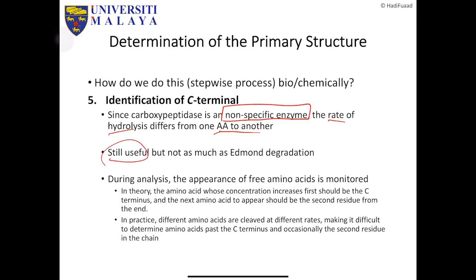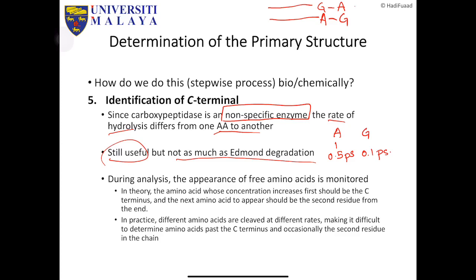So it's still useful, but not as much as Edman degradation, because imagine if it cleaves off glycine in 0.1 picosecond, it might cleave alanine in 0.5 picosecond. So if you put it in the reaction mixture together, or you have a sequence where you have alanine and arginine, you cannot compare this with a sequence where you have glycine and alanine.